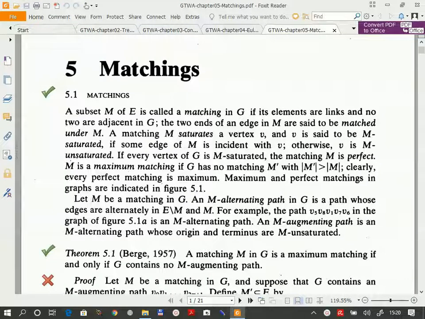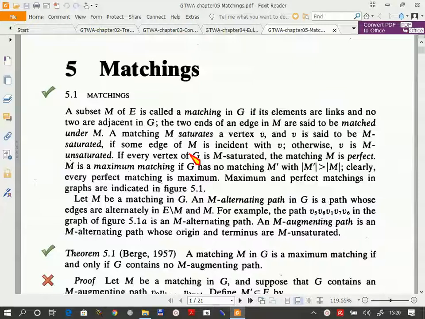So, matching, the name itself says something. Taking things by pairs, okay? But formally, we have a subset M of the set of edges, and we call it a matching if its elements are links, not loops, and no two are adjacent in G. This means that these edges do not have an end in common.